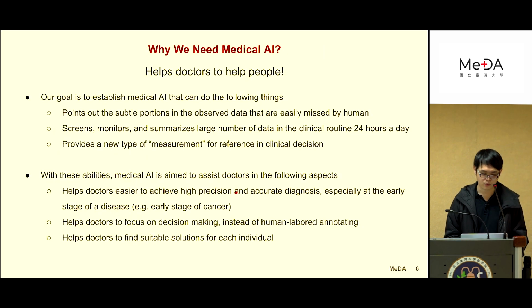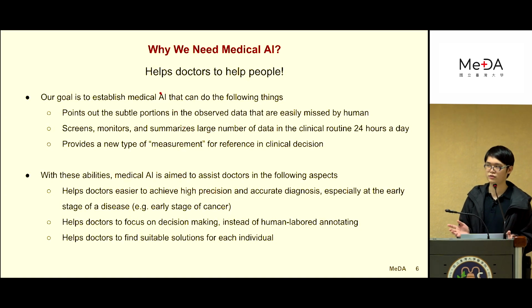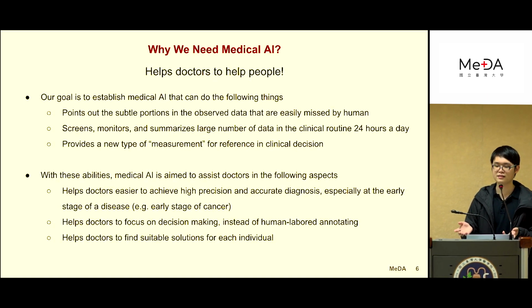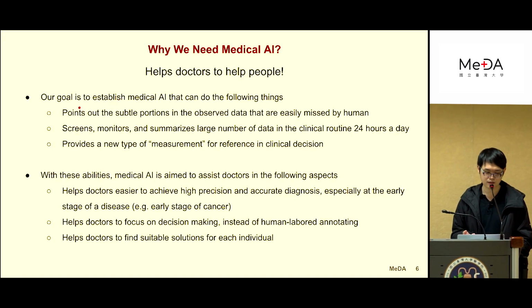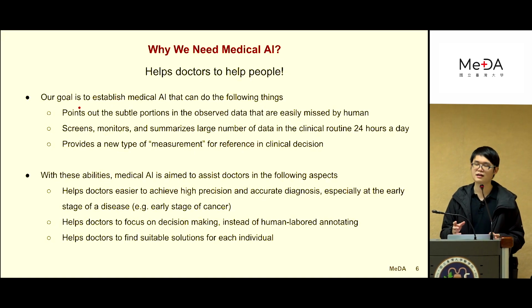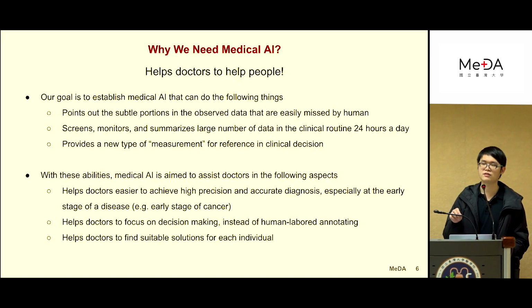You might ask why we need medical AI. We think medical AI can help doctors and help people. Because AI is performed by the computer, the computer can break some limits that humans have. AI can point out some subtle parts in your medical data, like a very small tumor on the image.